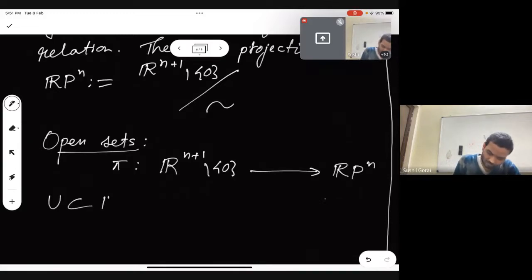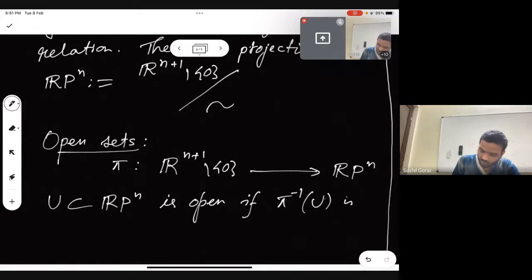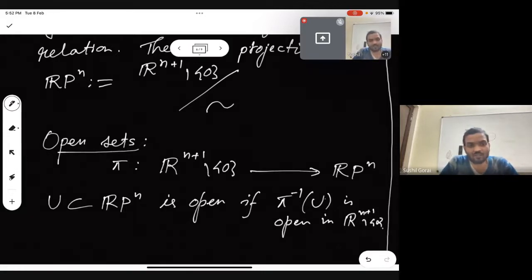A subset U of RPn is open if pi inverse of U is open in R^(n+1) minus 0. This is the definition of open sets in the quotient topology. That's how one gets the quotient topology, so open sets are these.